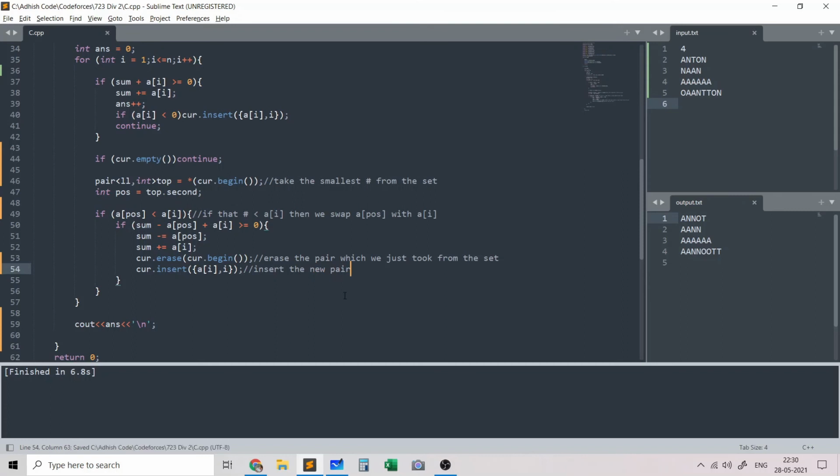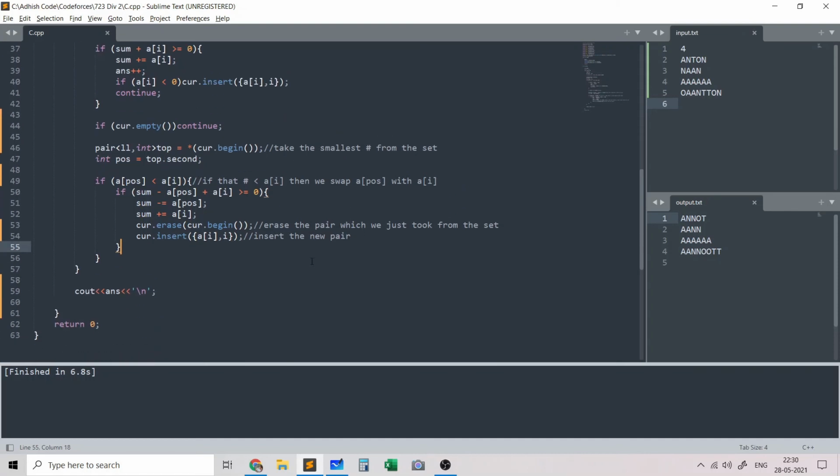That's how we'll swap the two. If a of pos was not less than a of i, then there's no need to erase the pair. And also, if the resulting sum was not greater than or equal to 0, even then there's no need to erase the pair which we took from the set. And that's all that's there in our code.